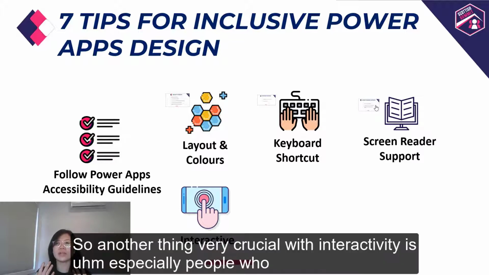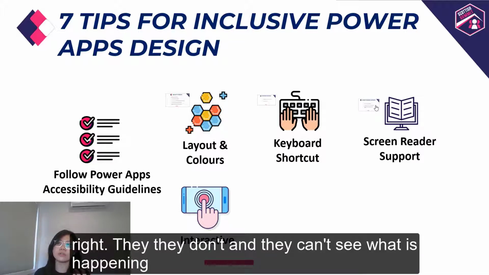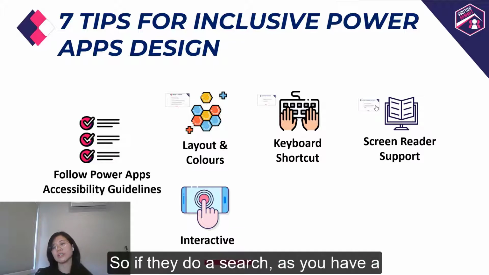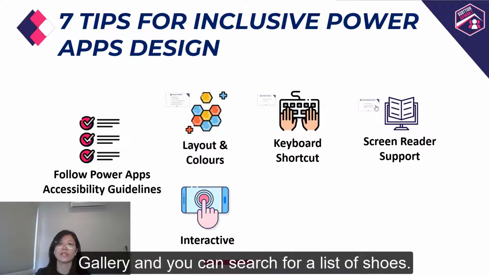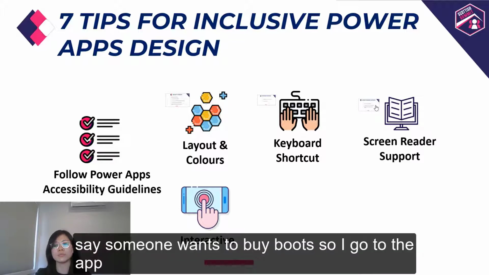So another thing very crucial with interactivity is especially for people who rely on screen readers, right? They can't see what is happening on the app. So if they do a search, let's say you have a gallery and you can search for a list of shoes. So I want to search for high heel boots because I want to buy boots. So I go to the app, I search for high heel boots.